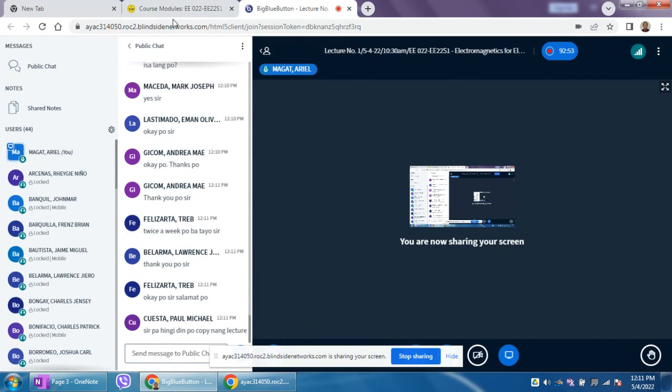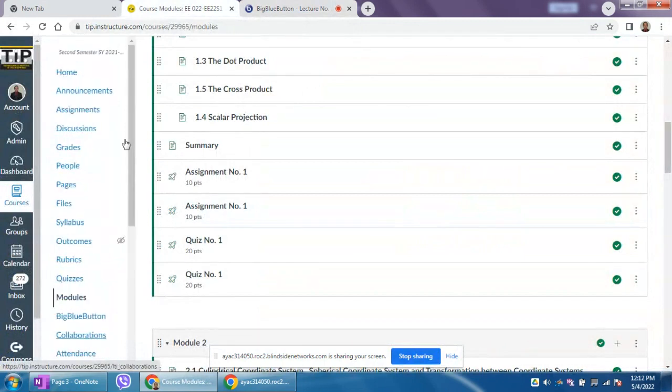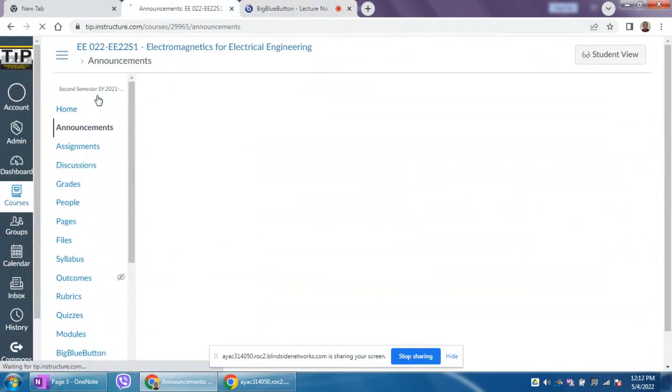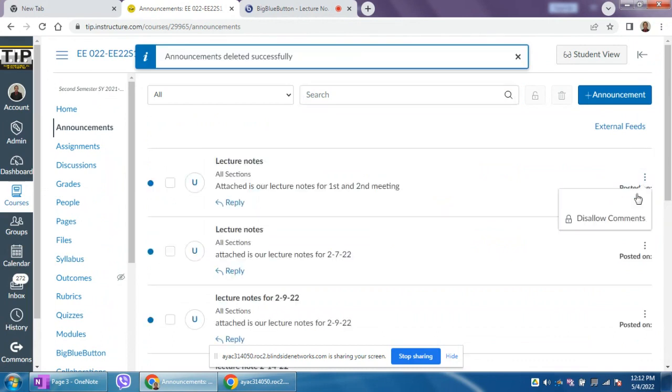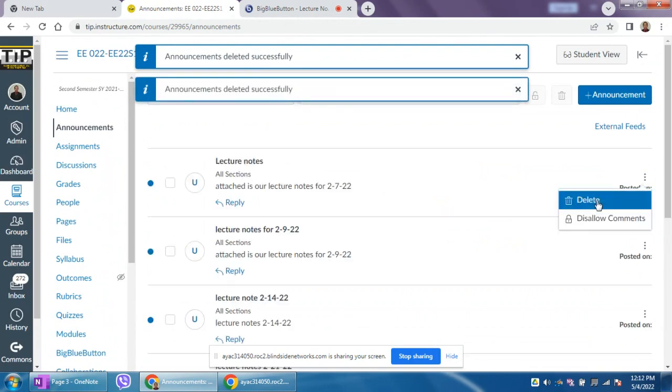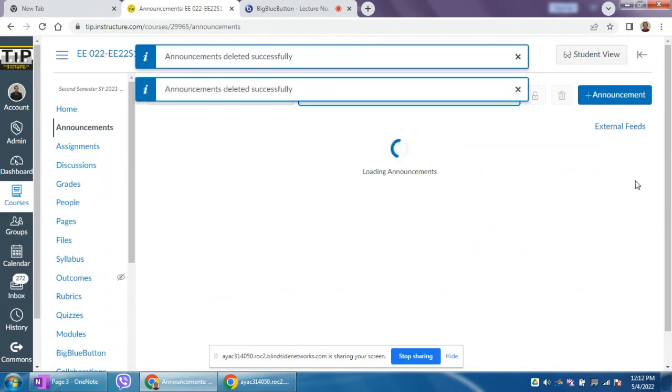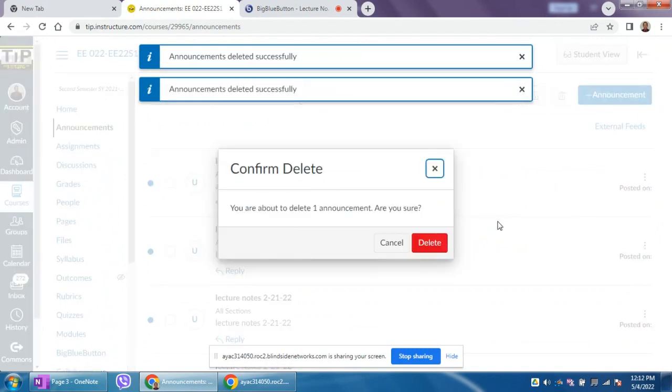Yes, sige Paul. Ilalagay ko sa announcement yung lecture note ko. Ilagay ko na nga ngayon. Sige. Announcement para hindi ko makalimutan. Dapat lang may OneNote kayo sa PC. Tanggalin ko po ito, ginamit ko kasi itong module na ito sa ibang section. Wait lang po. Delete. Clear ko po muna yung aking announcement dito.